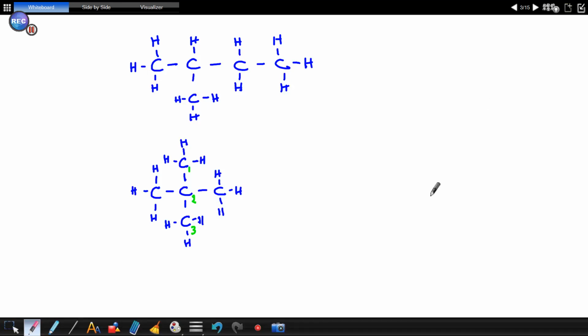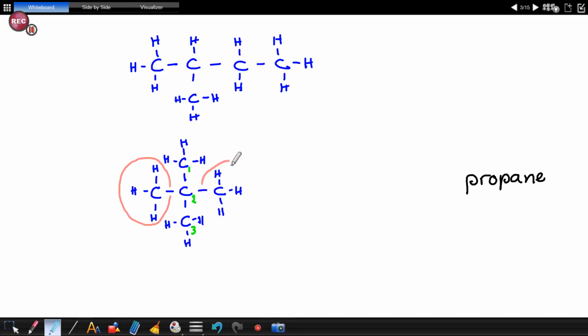So 3 carbons would be propane. Now, joined to the propane, here is a what? Methyl.